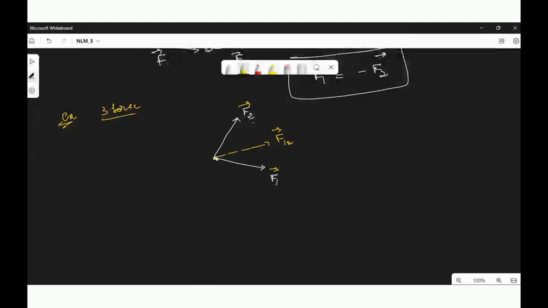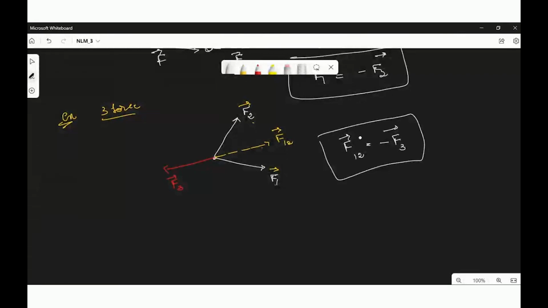Now I can have my third force, exactly equal and opposite to F12. Then the system will be in equilibrium.